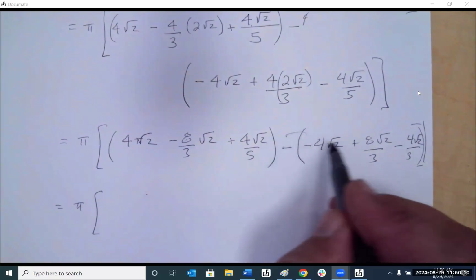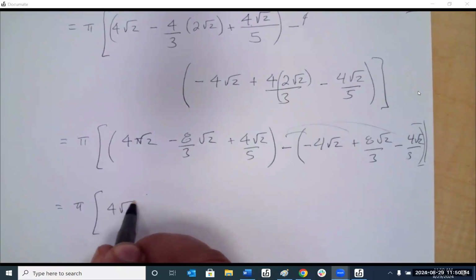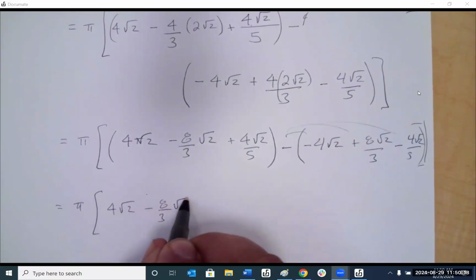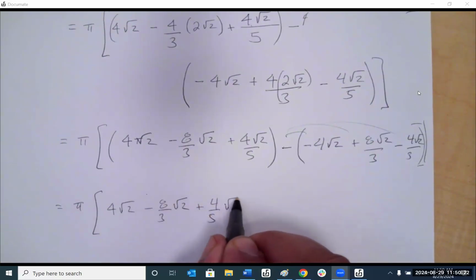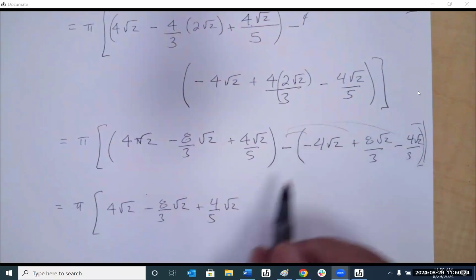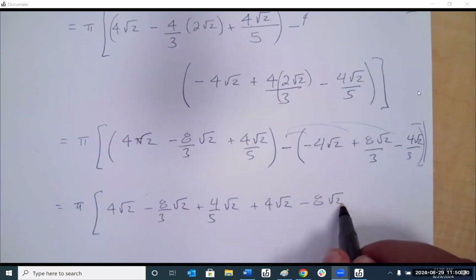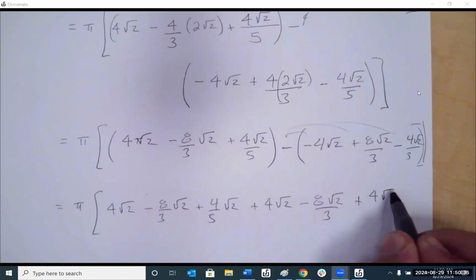Get rid of the parentheses. I'll just distribute that negative sign through there. 4 radical 2. 8/3 radical 2. 4/5 radical 2. Negative, negative makes it a positive. Negative. And then a positive.